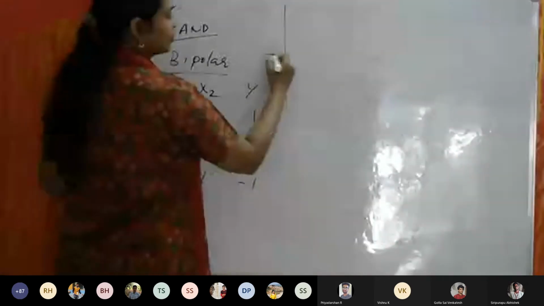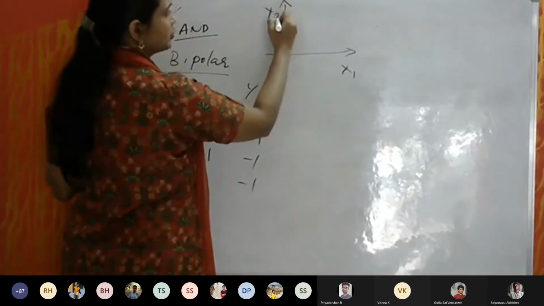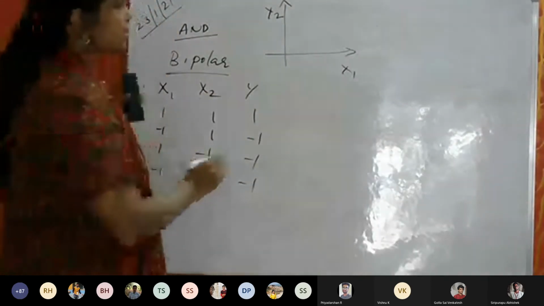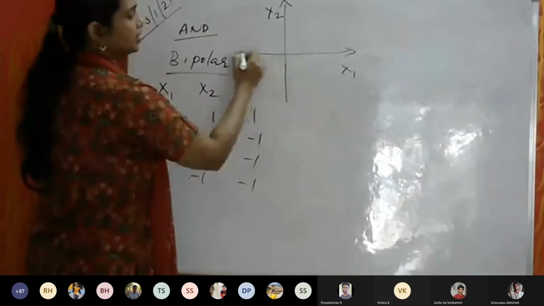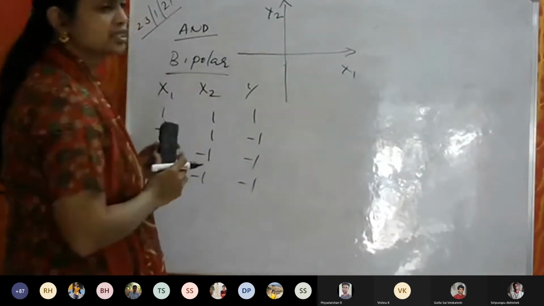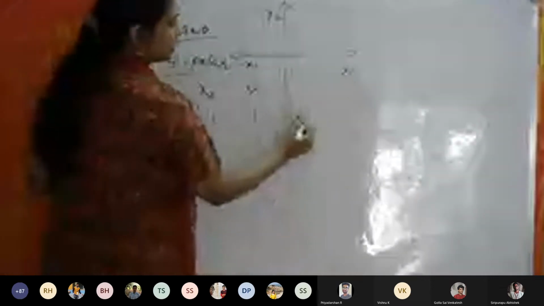So what we are going to do is write our x1 and x2 here like this, and then it is going to give a positive response or a negative response. I have x1 minus and x2 minus, plus and minus.